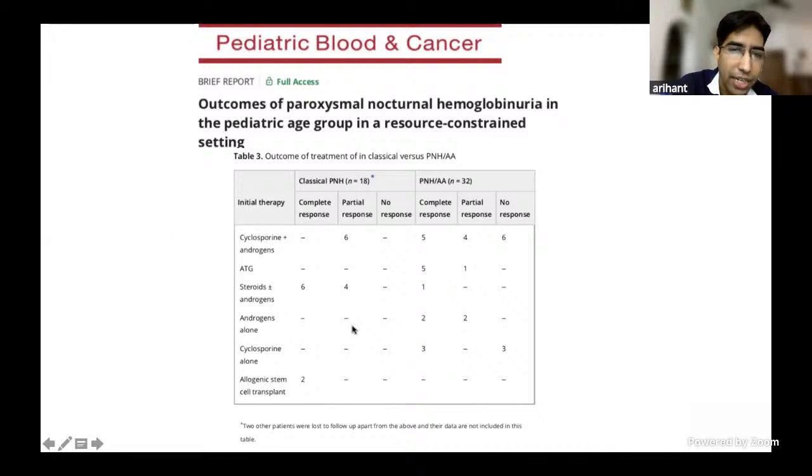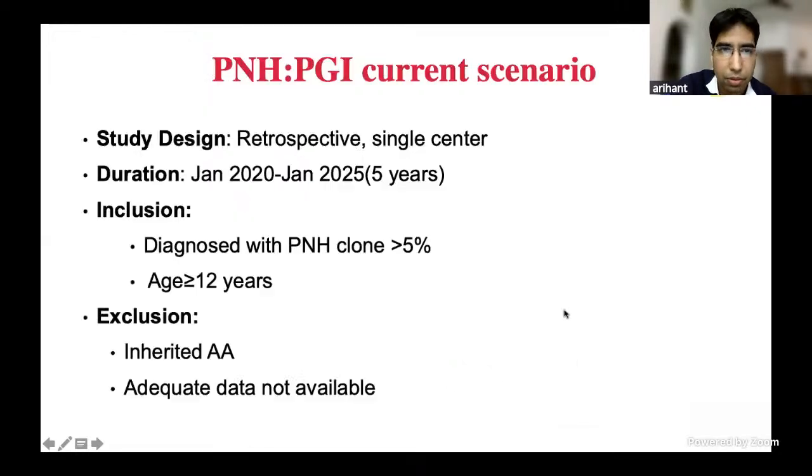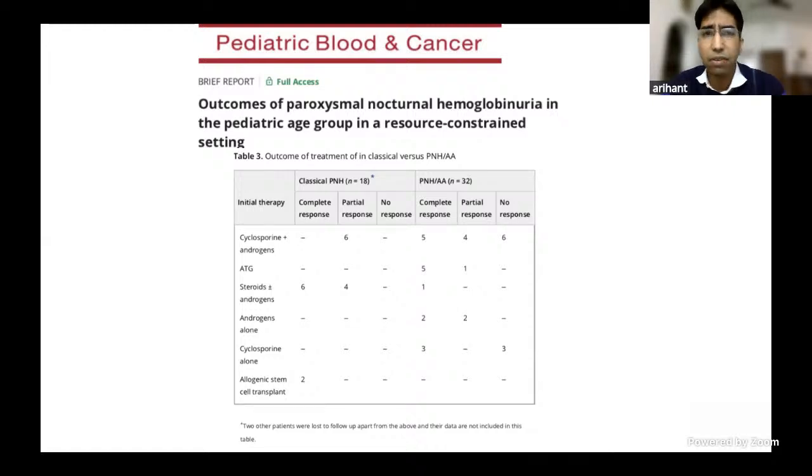I would like to draw your attention to the treatments which most of our patients are getting, which are typically restricted to cyclosporin and androgens, antithymocyte globulins, steroids, and around 2 of the 18 patients of classic PNH underwent a stem cell transplant. Again, the PNH-AA patients were more frequently given the typical immunosuppressive therapy with ATG and cyclosporin.